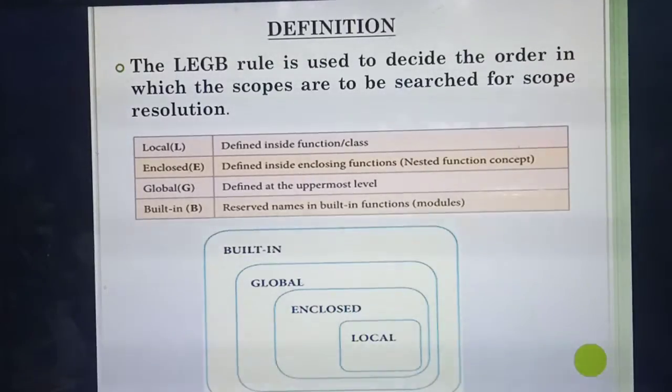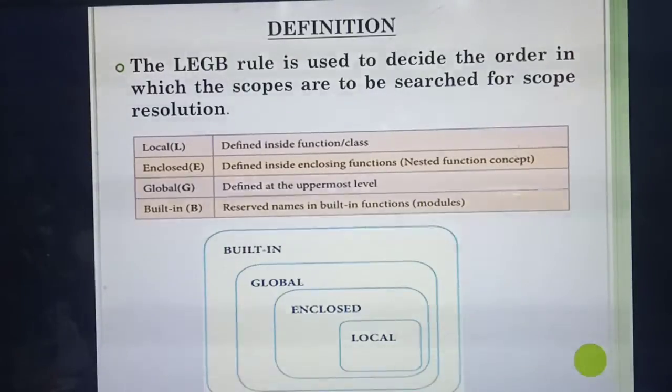Built-in means listen. Once you install the software itself, it is predefined, already defined inside the software. That is built-in. Based on your wish, you can use that. The best example: in C++ you use the header files. Hash include iostream, hash include math.h, hash include conio.h. If you are doing mathematical calculation you will use math.h.